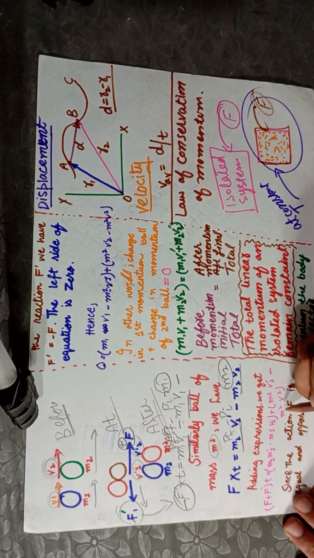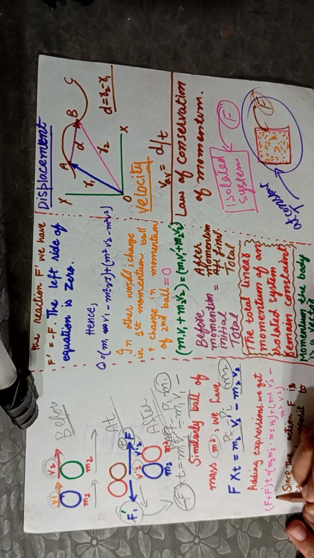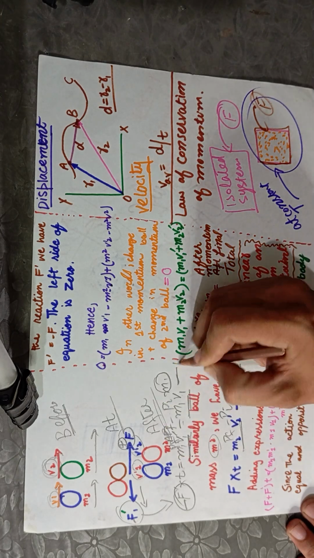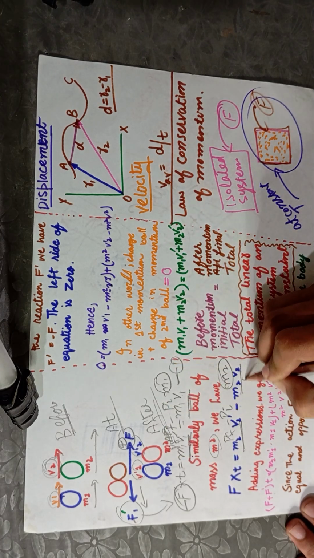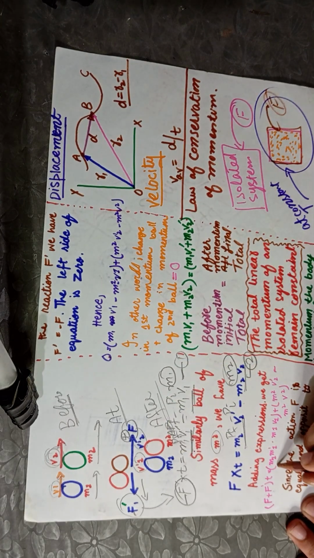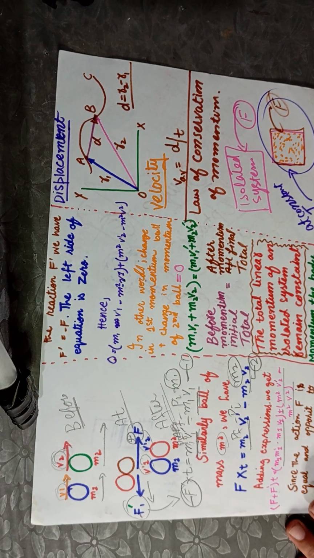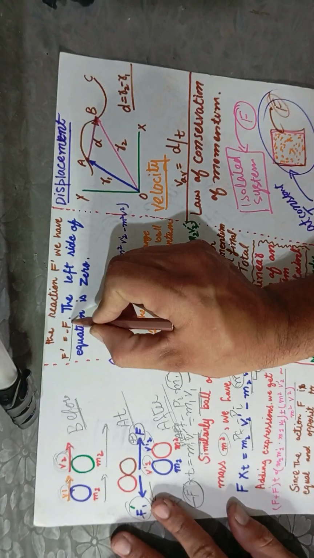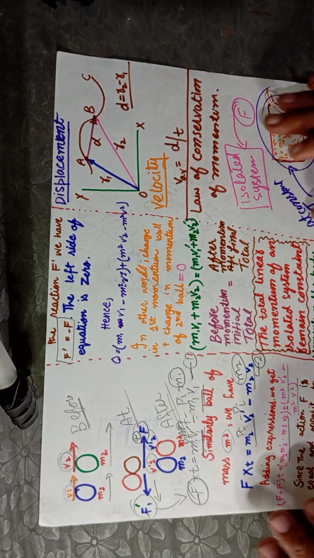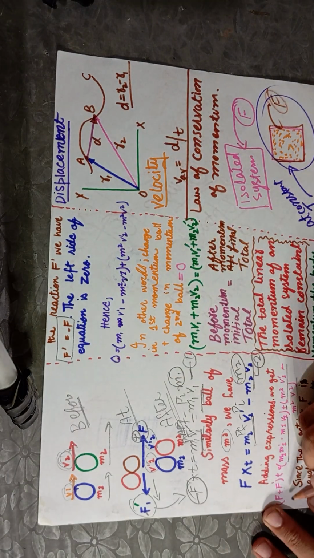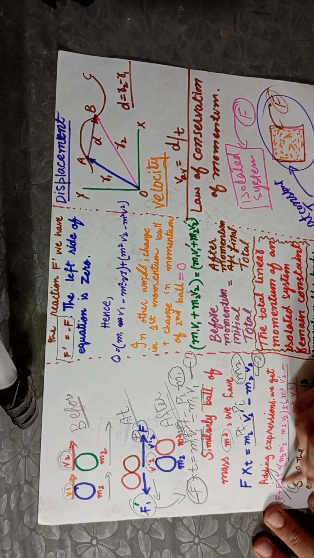Adding equation 1 and equation 2, we get F dash plus F dash, which will be 0.